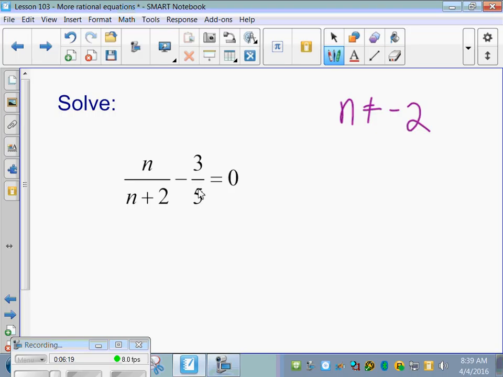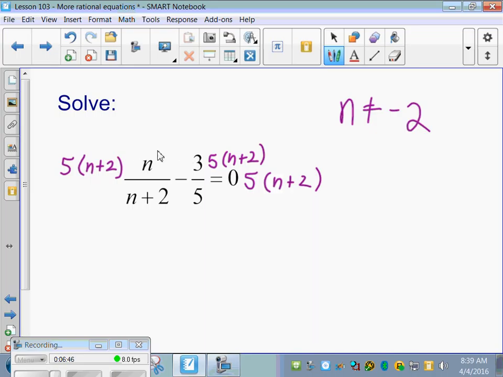So we have to multiply everything by the common denominator. So, Andrew, what do you think I should multiply every single term by? Good. 5 times n plus 2, and then 5 times n plus 2, and then 5 times n plus 2. So every single term, you want to write small so you can fit it in.